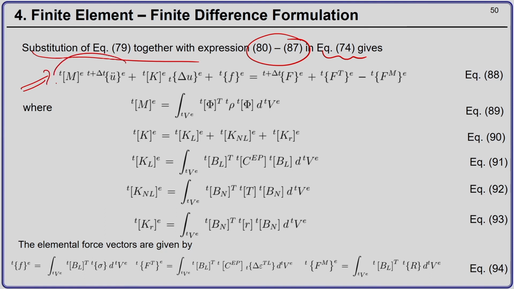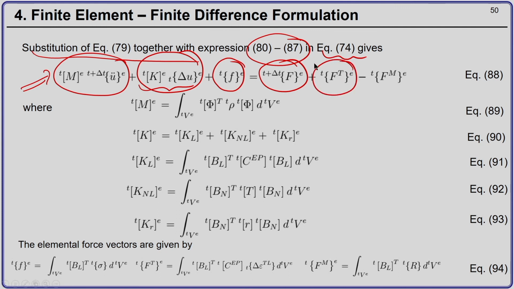So, mass into acceleration plus the tangent matrix K times the incremental displacement delta u plus the internal forces plus the external forces plus the external forces because of the thermal. So, thermal external forces, and then you will have what is called the effect of thermal forces on the stress fields. Okay. So, those three terms you will have.